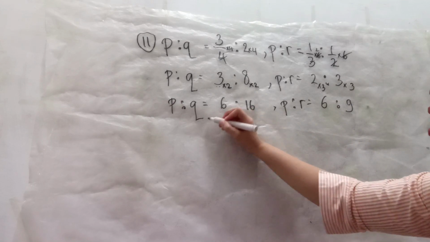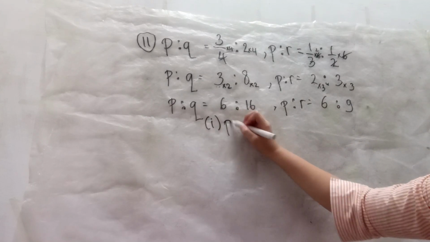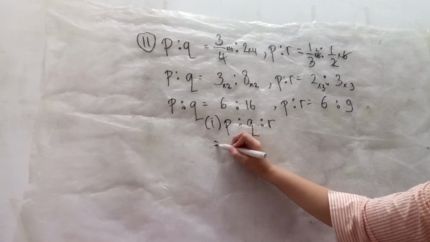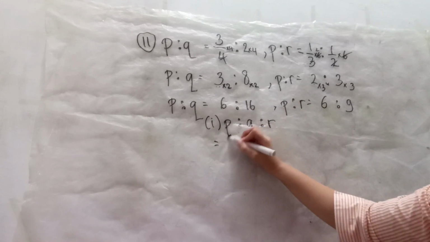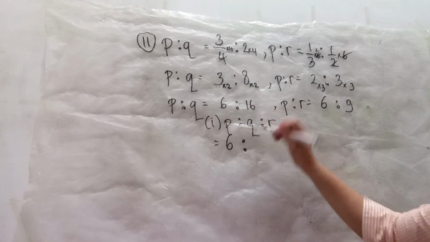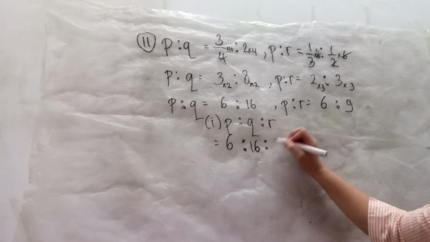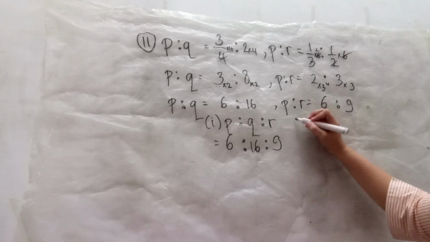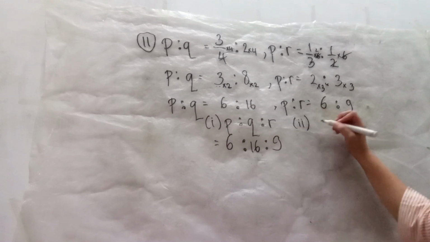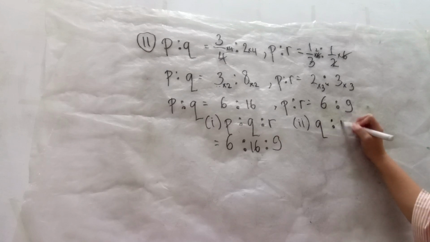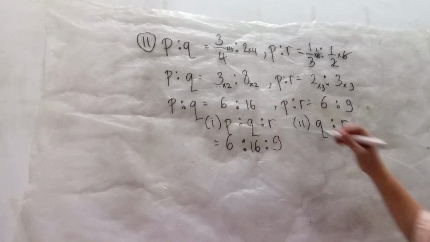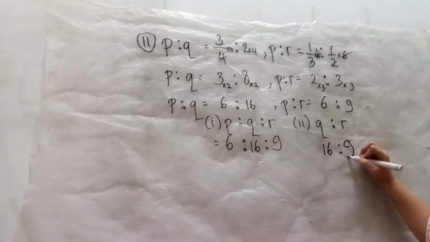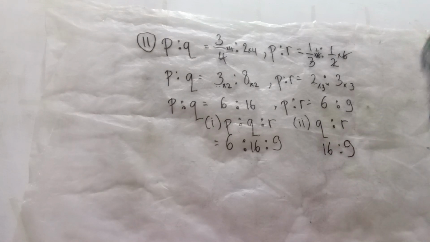So for the first equation, P to Q to R equal to 6 to 16 to 9. And then the second one, Q to R. Q is 16, R is 9. Okay, this is for number 11.